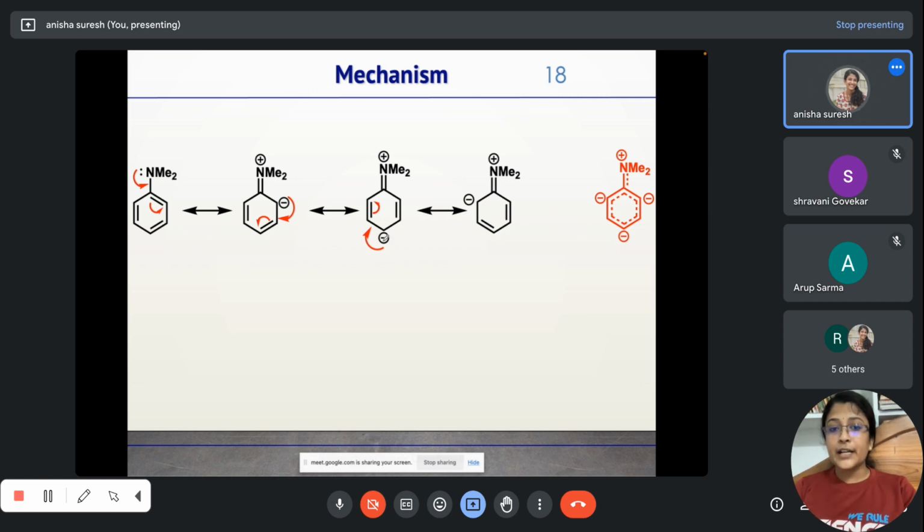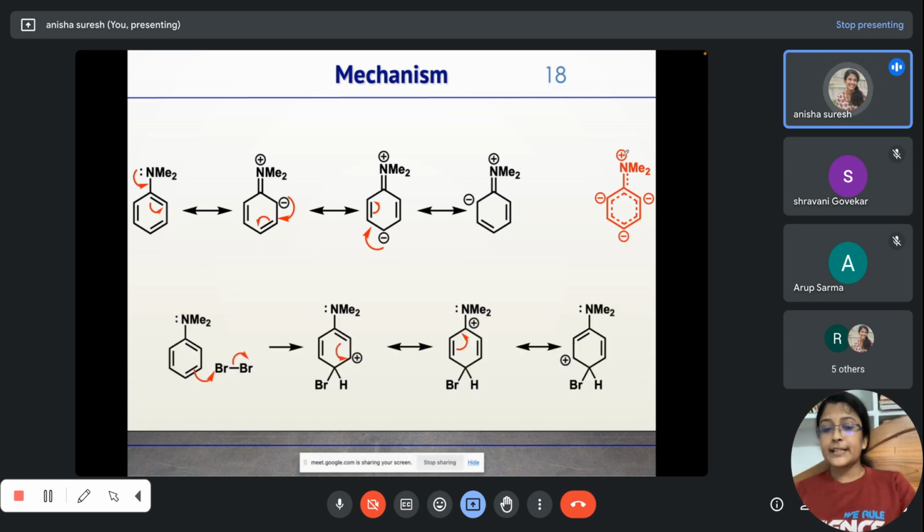Then this negative charge will fall, and this double bond will be breaking and a negative charge will be forming at this position. So overall there will be a negative charge at the ortho and para position and a positive charge on the NMe2. Okay, so bromination can either take place at the para position or the ortho position, and a positive charge will be present on the NMe2.